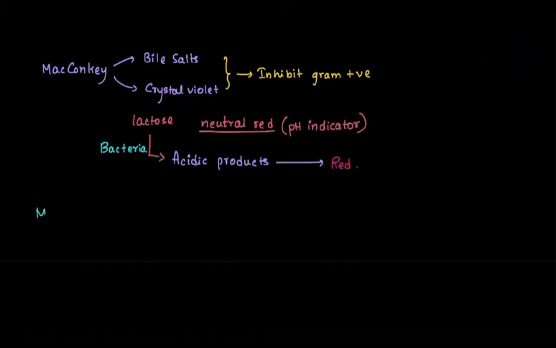And apart from McConkey and EMB, we have another media which is quite frequently used in microbiology, which is the mannitol salt agar. In short, we call it MSA media. Again, it is selective and differential. The special thing about this MSA is that it has a high salt concentration, 7.5% NaCl, and only those bacteria that can survive this high salt concentration can grow.